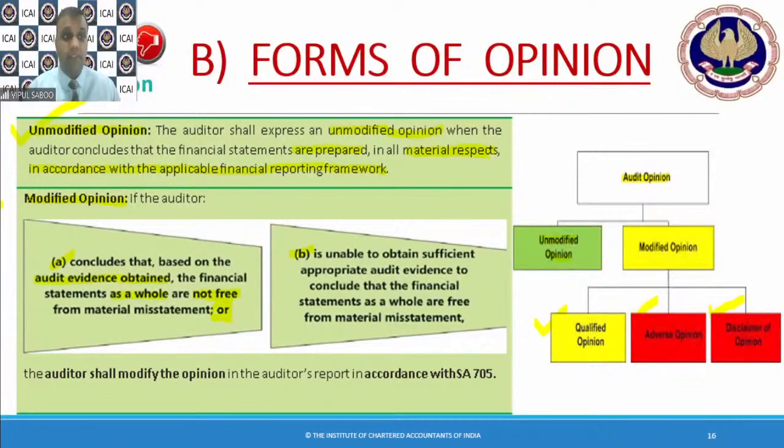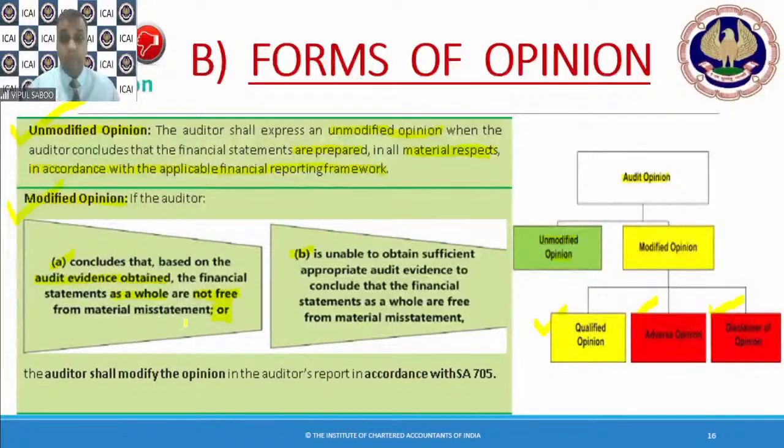But since he evaluates and concludes that the financial statements as a whole are not free from material misstatement, I suppose you all know the difference between misstatement and material misstatement. We covered it in chapter 2, chapter 6 as well. What is material misstatement and what is misstatement simple? Uncorrected misstatement as well.